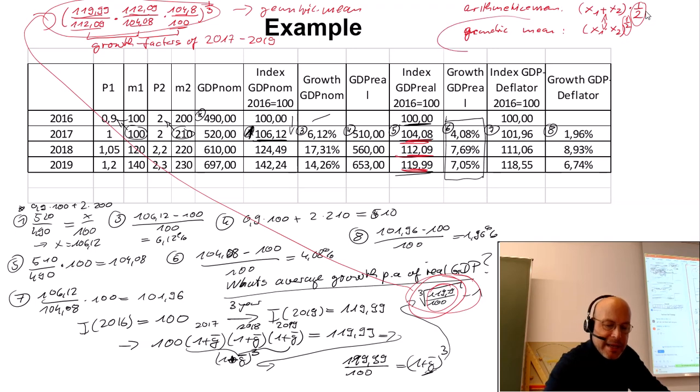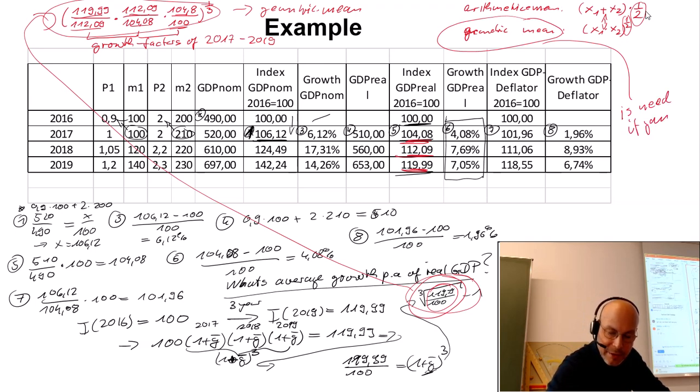And please keep in mind the geometric mean is needed if you are averaging growth rates. In many textbooks it's done with the arithmetic mean, but this is only an approximation, and the arithmetic mean you can only choose approximately if growth rates are lower than 10%. This you should keep in mind.